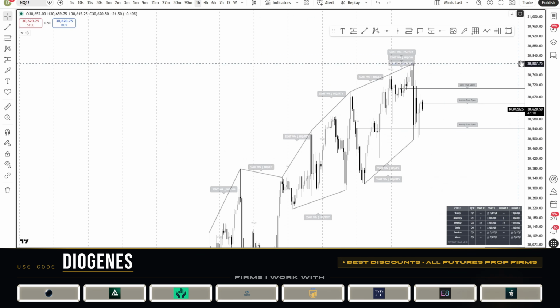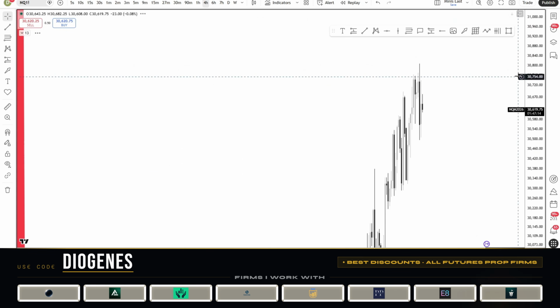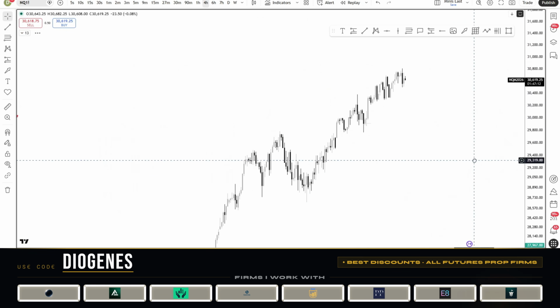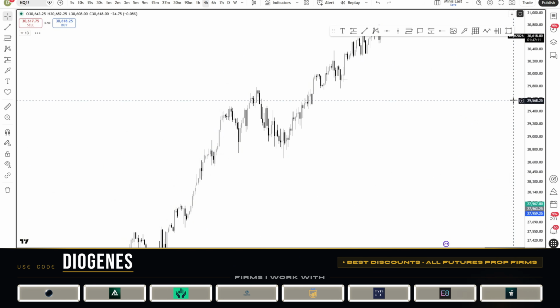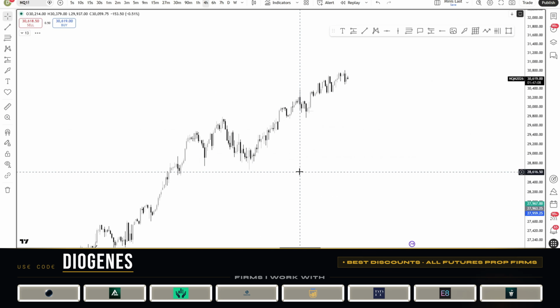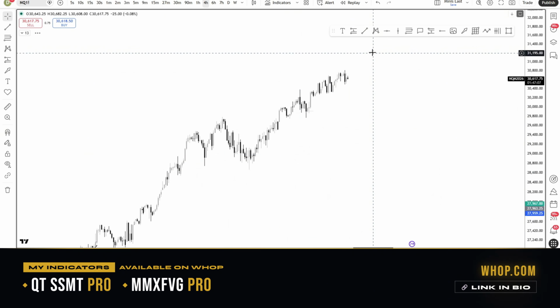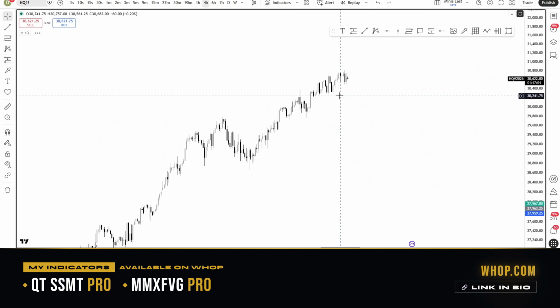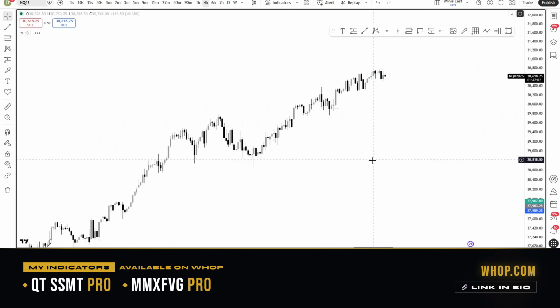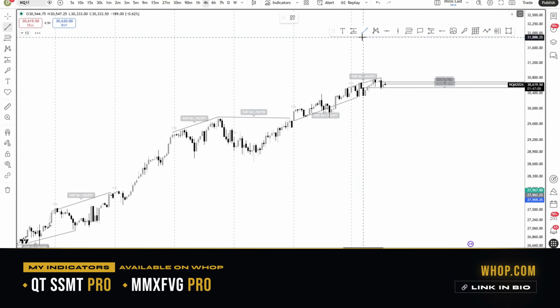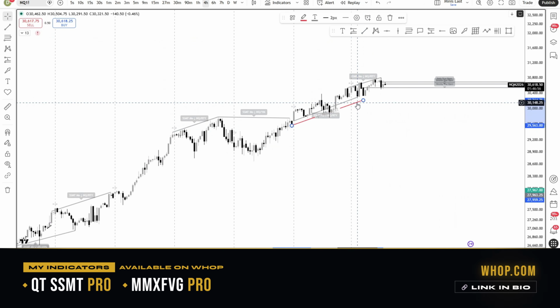And if we go to the monthly sequential SMT, this will be the sequential SMT that will give us the narrative. It will be higher probability than both of those sequential SMTs. And if you see that, we have a bullish one with RTY.